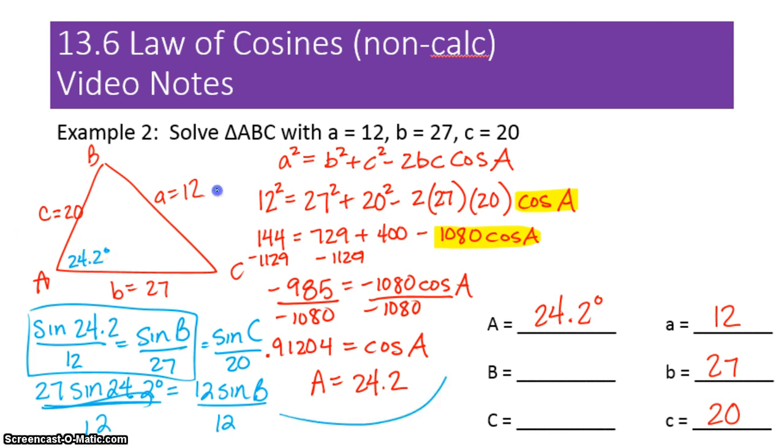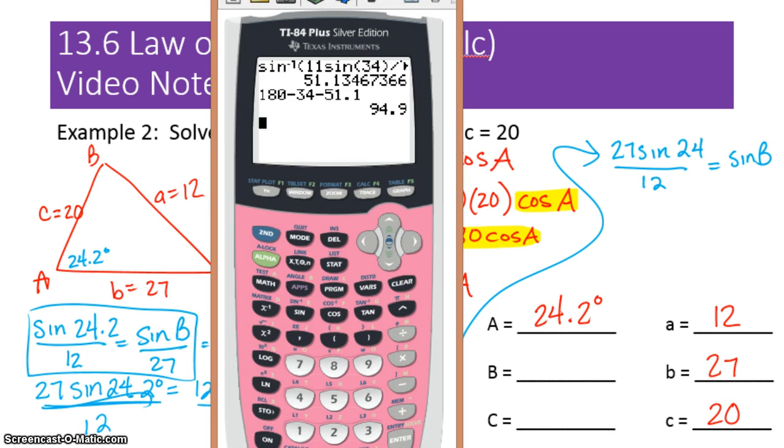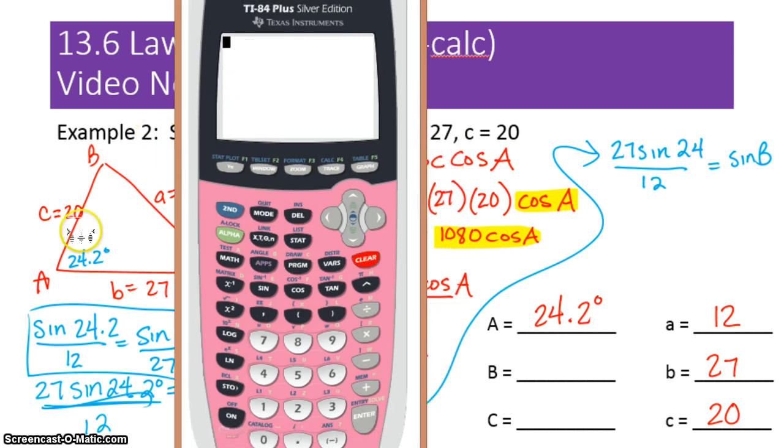And I'm sorry, I'm out of room. I'm going to go way over here. And what we have now is 27 sine 24 divided by 12 equals sine B. Okay, if we type that into our calculator, we have 27 sine 24, end parentheses, divided by 12.